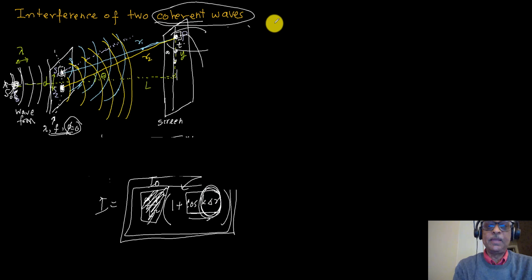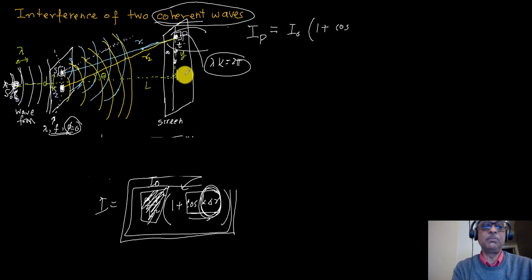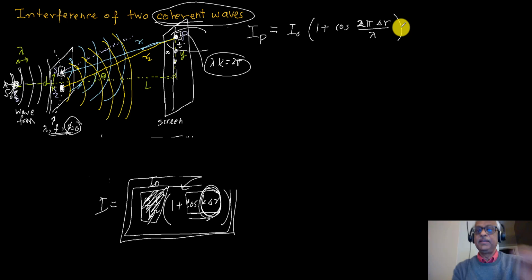So intensity at any point P is some constant times 1 plus cosine, and k, if you know lambda k equals 2 pi, so lambda and k are inverses of each other. Lambda is the wavelength. So we can write k equals 2 pi delta R over lambda.